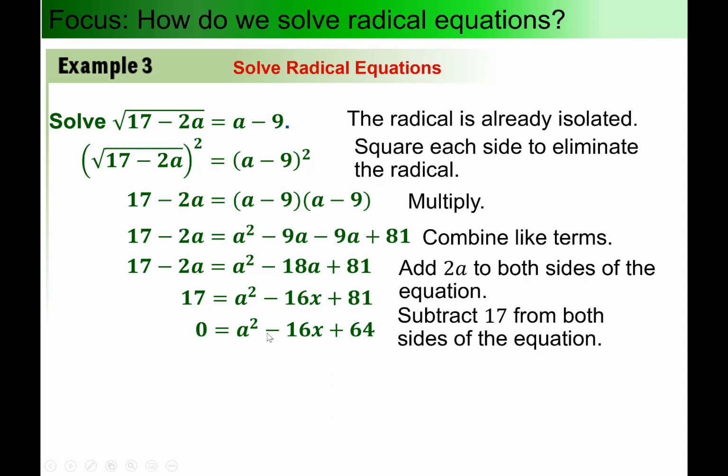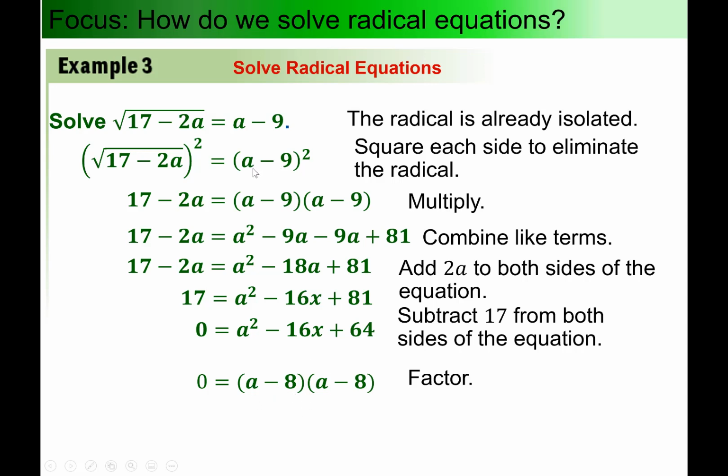So we now have a squared minus 16a plus 64 set equal to 0, so we can factor this trinomial. I'll be looking for the factors of 64 that, when I add them together, give me -16. It's going to be -8 and -8. We call this a double root because this now is a perfect square trinomial, because it's the quantity of a minus 8 squared.